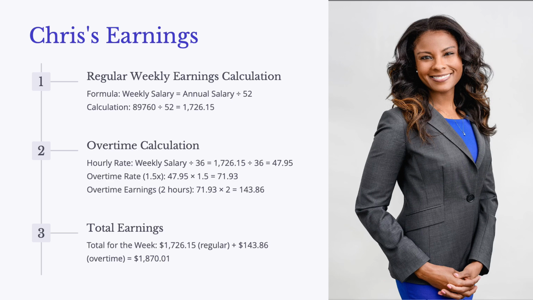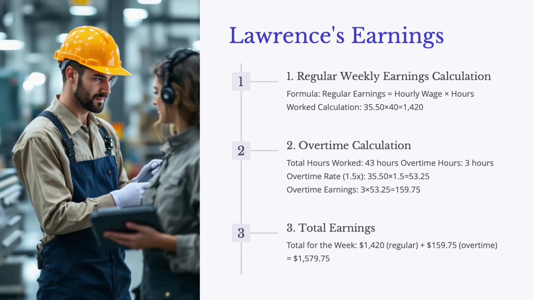At time and a half, her overtime rate is 1.93, which we multiply by 2 to find her overtime earnings of $143.86. Adding her regular and overtime earnings, Chris' total weekly pay amounts to $1,087.01.